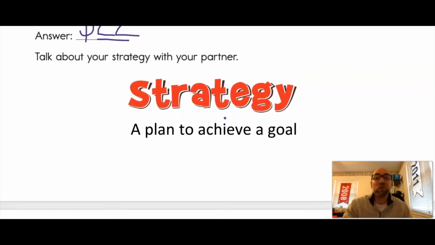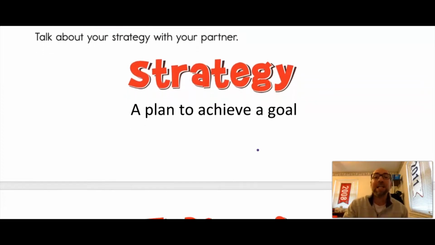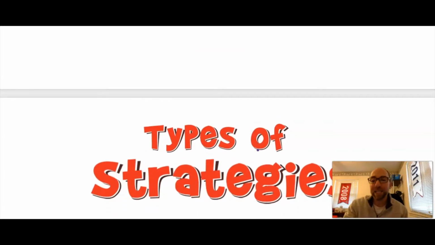Remember that a strategy is a plan to achieve a goal. Our strategy in this math is to solve the math problem, buying a clock. There are many different strategies that we could use. Let's take a look at some types of strategies.